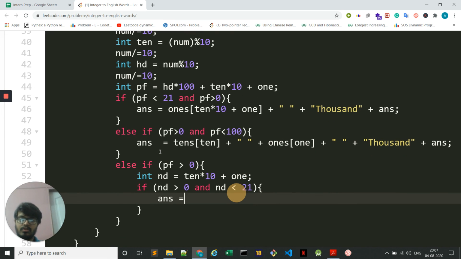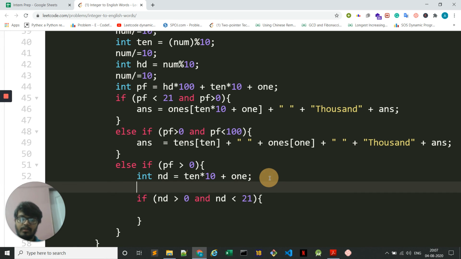If this is the case, then answer is equal to ones of HD for sure, ones of HD plus 100. This is for sure.